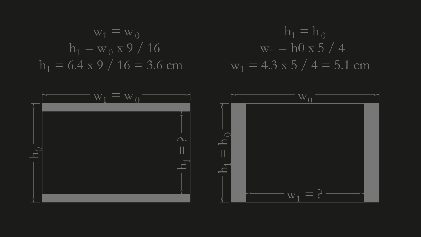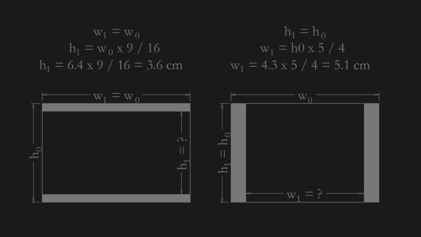If, on the other hand, your desired aspect ratio is squarer than your camera's native aspect ratio, we follow the formula on the right. The new mat height is your original height measurement, and to calculate your mat width, you take your original camera height and multiply it by the desired aspect ratio.